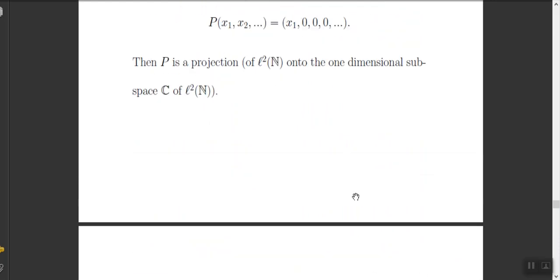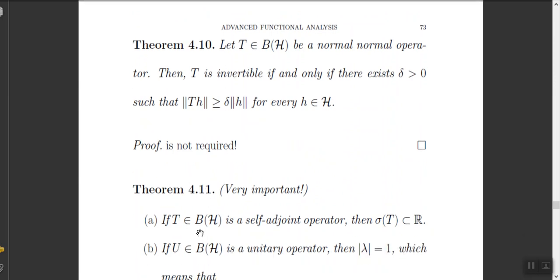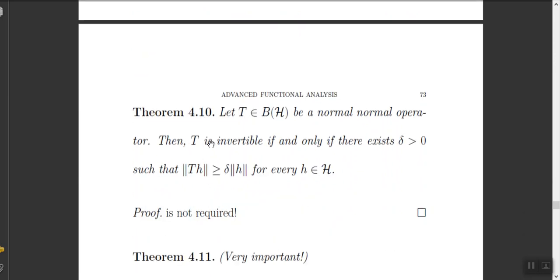Okay, next we have a theorem that we just mention without proof. The proof is not required, but we need this theorem for the next theorem. Okay, look at here. Let's say T is a bounded linear operator on a Hilbert space H. Suppose that T is normal.